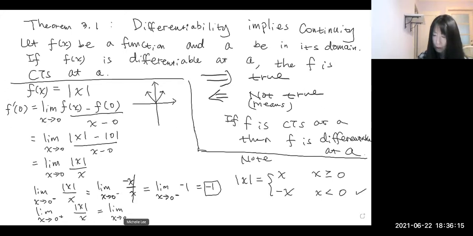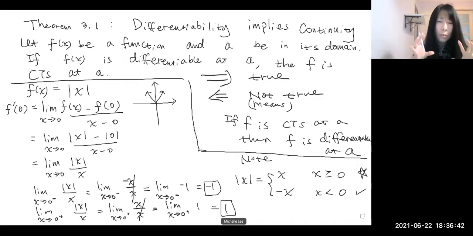Then we are using this one, okay? So we get positive x over x, which we simplify. Then from the right, we have a positive 1, which is 1, right?